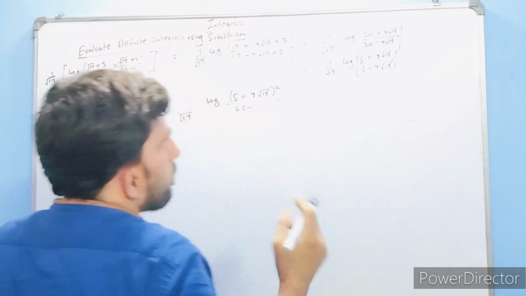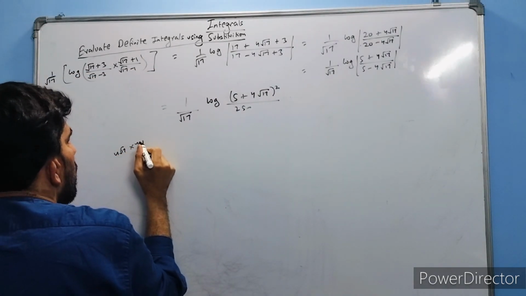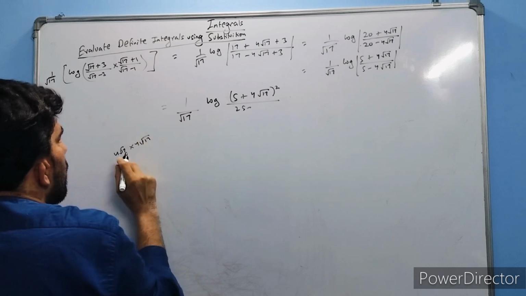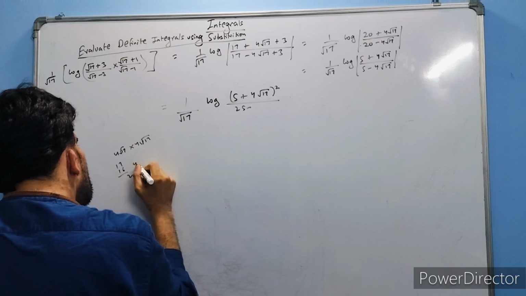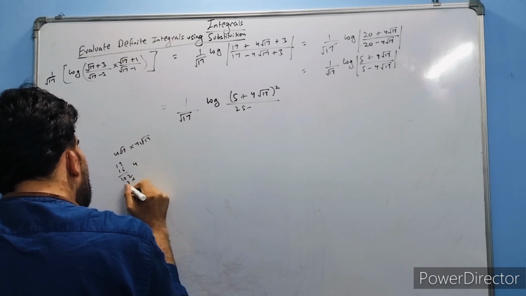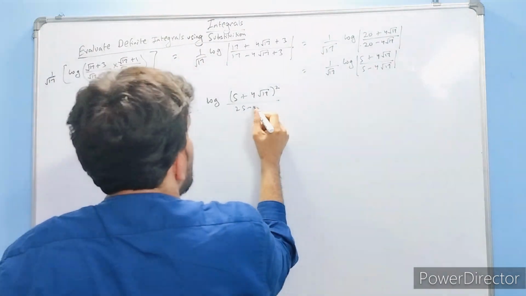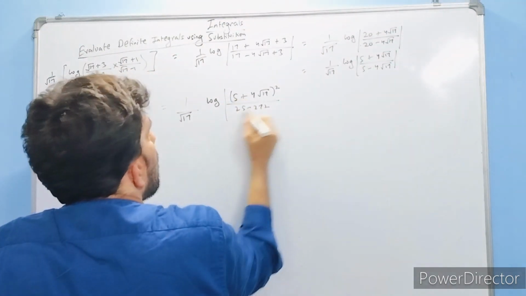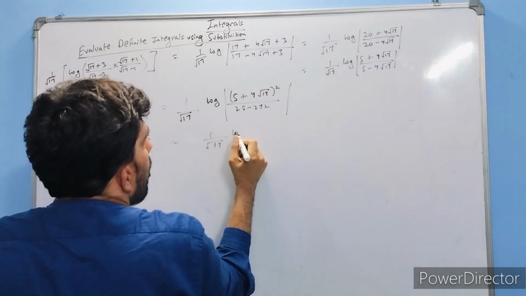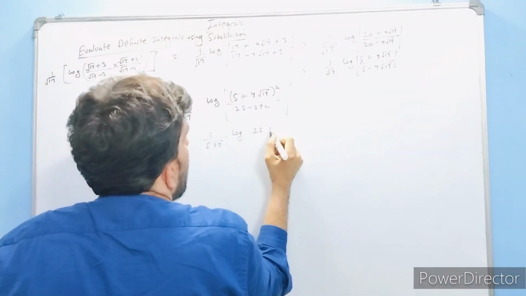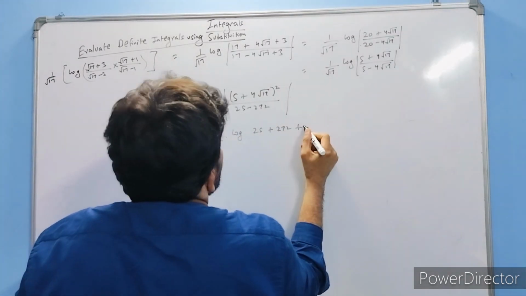Okay, 4 root 17 into 4 root 17, so 17 into 16, that is 272. So now I got my answer here: root 17 log 25 plus 272 plus 20.